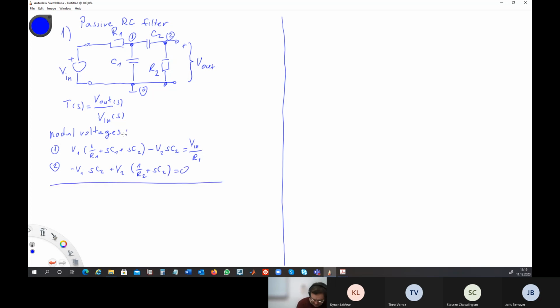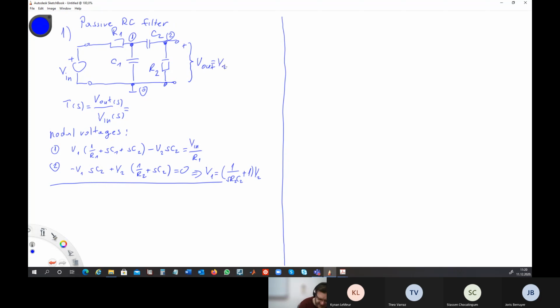From this, you can very quickly obtain the transfer function. Just try to solve it. For example, from the second equation you have that V1 is equal to S plus 1 times V2, and V out is equal to V2.